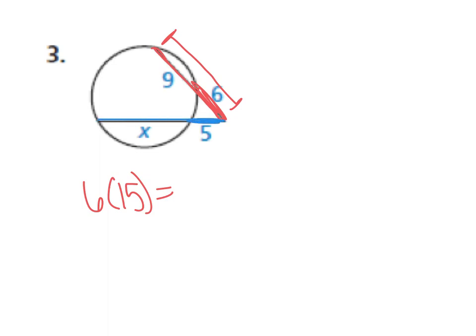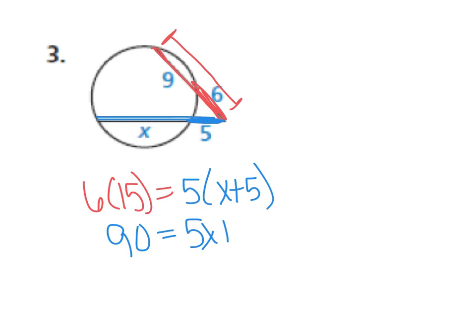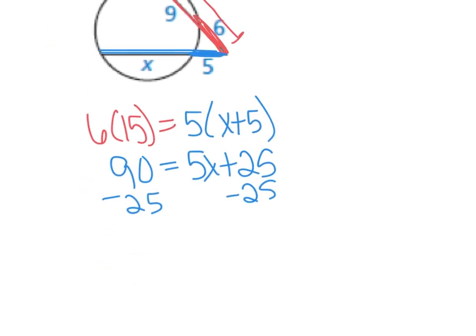The outside part is 5. The whole thing is x plus 5, because to get the whole thing you have to add the two parts together. So we'd have 90 equals 5x plus 25. If I subtract 25 from both sides, I get 65 equals 5x. If I divide both sides by 5, I get x equals 13.